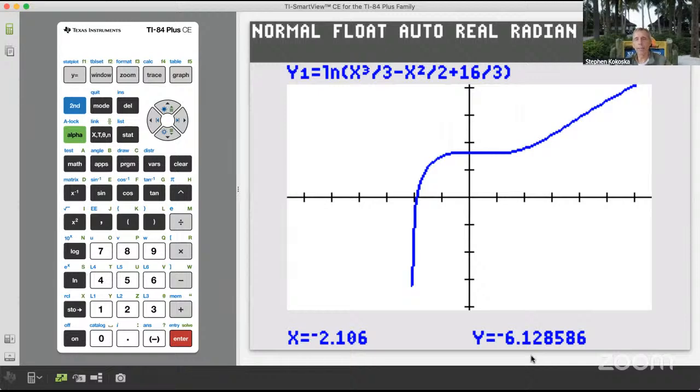Just because I know you have the software open and we're already over on time, can you go to your Nspire and graph that? Sure. Let me switch over to Nspire.